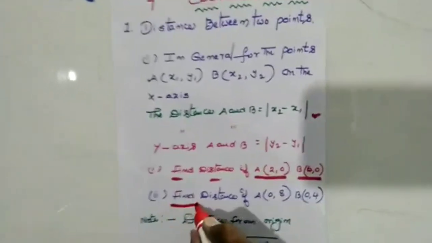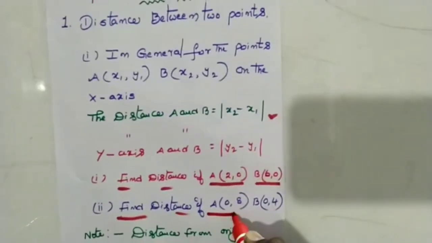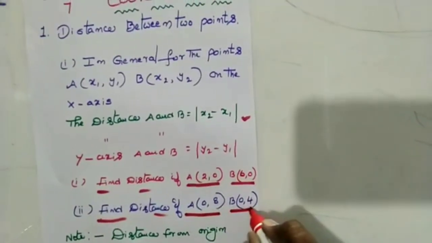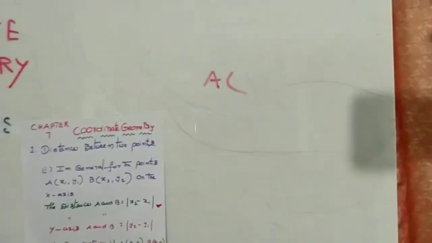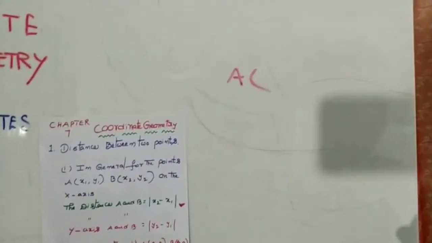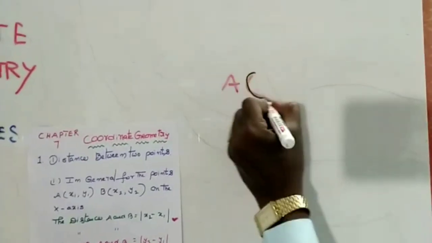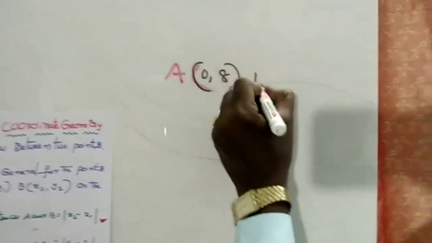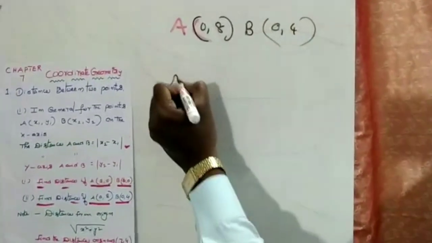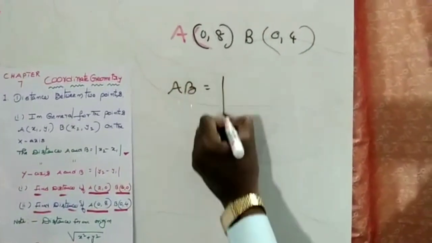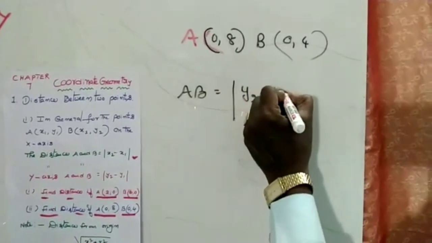Next, find the distance between A (0, 8) and B (0, 4). This is on the y-axis. The formula is AB is equal to mod of y2 minus y1.